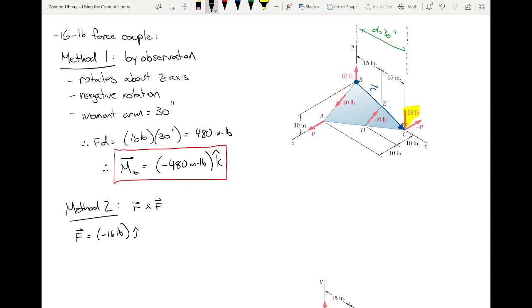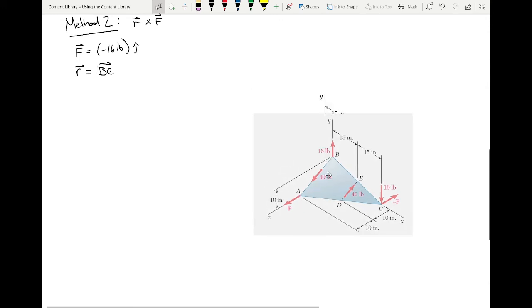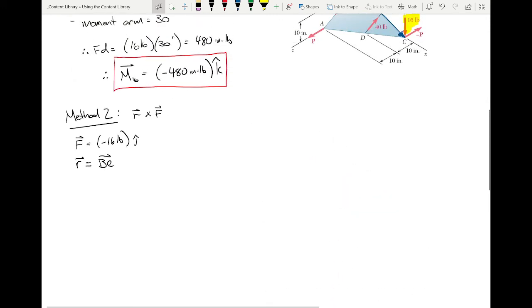Okay? And as for R, I propose that R is simply going to be the vector BC, from B to C. Okay? So the way that we're going to do that, I'm going to scroll a little bit. Let me move this out of the way. We're going to take the coordinates of C, which we already wrote down as 30, 0, 0, and subtract the coordinates of B, which is 0, 10, 0.